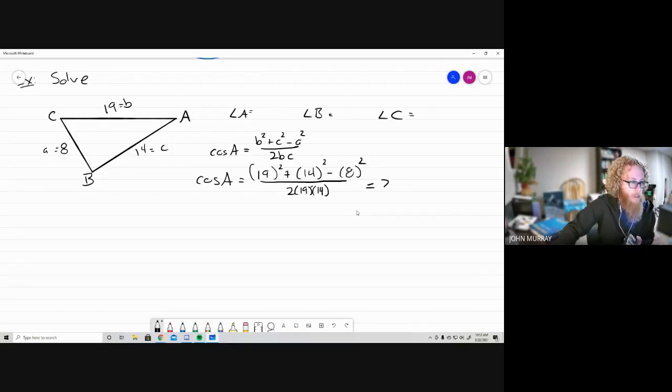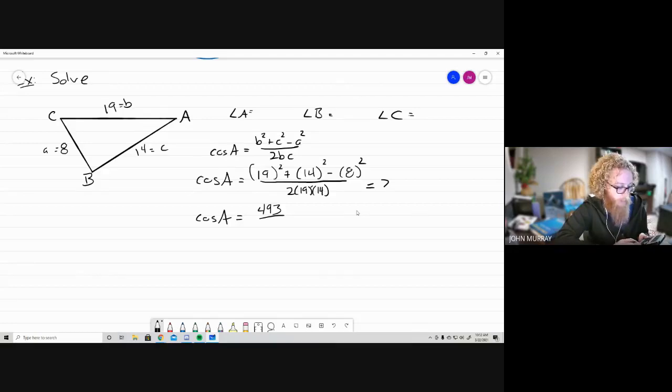So in the numerator, we have 19 squared plus 14 squared minus 8 squared, and I get 493.